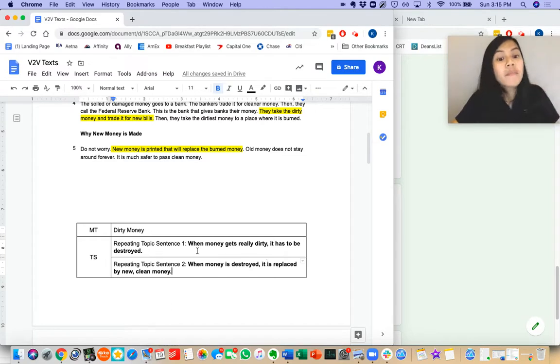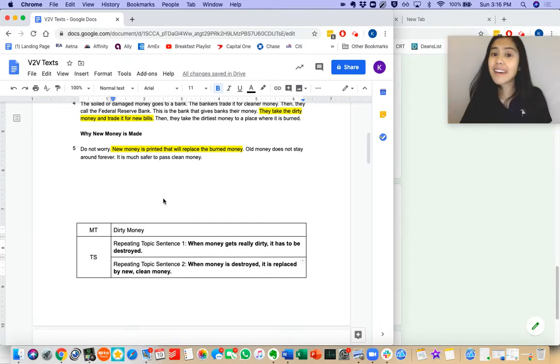From these 2 topic sentences, when money gets really dirty, it has to be destroyed. And when money is destroyed, it is replaced by new clean money. I can come up with one main idea. When money gets dirty, it is destroyed and replaced by clean money.